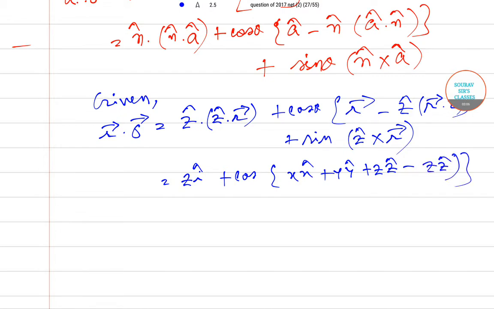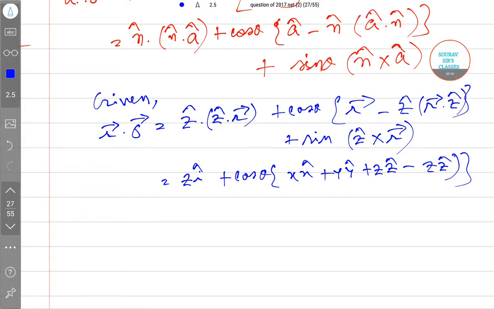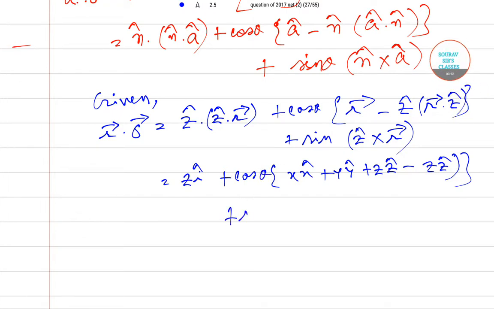This is the cos theta part, and for sin theta we write sin theta into z cap cross x i cap plus y j cap. Here this is z cap cross r cap. So this is z cap cross x i cap, and here also the same for y j cap, and this is z k cap.